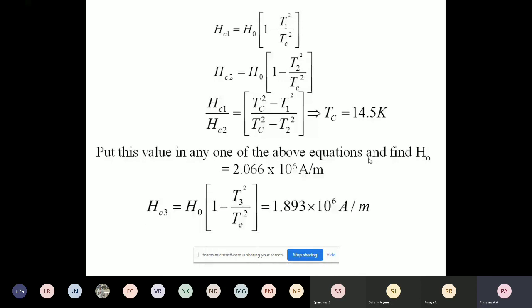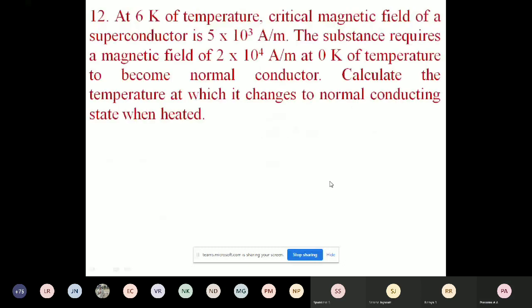You have to calculate the critical magnetic field at another temperature, that is 4.2 degree Kelvin. That was T3 we have taken. And substitute that value here. Tc is calculated, H0 is obtained here. On substituting, you will get the Hc3. This is the critical magnetic field at the temperature 4.2 degree Kelvin.